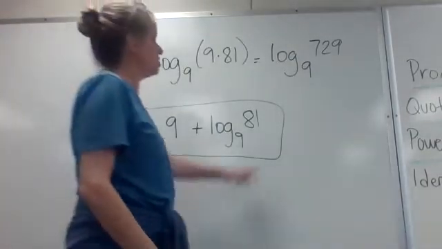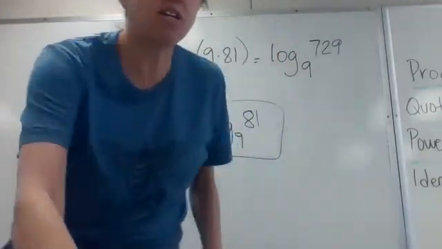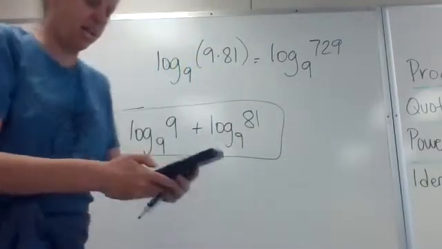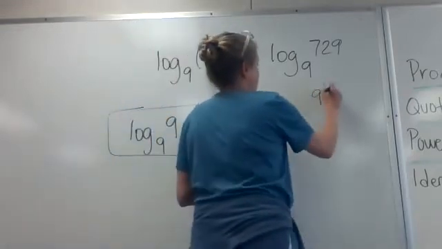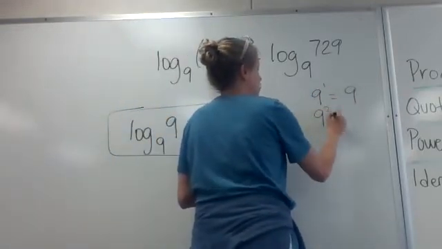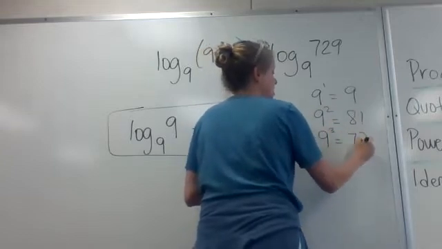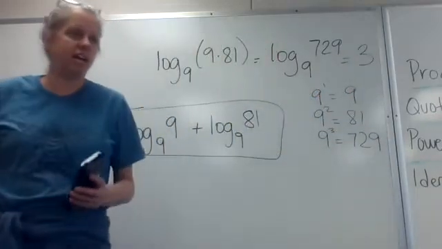What are you asking yourself? 9 to what power is 729? So let's see. 9 to the first is 9. 9 squared is 81. 9 to the third power is 729. So that logarithm is 3.